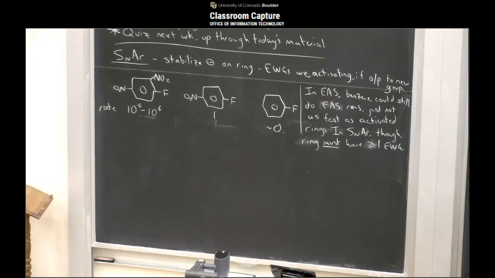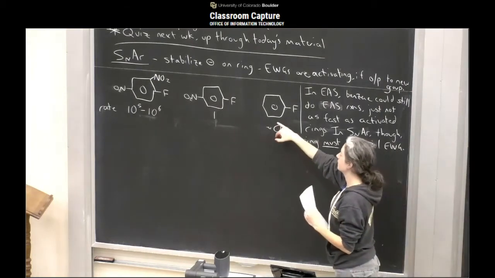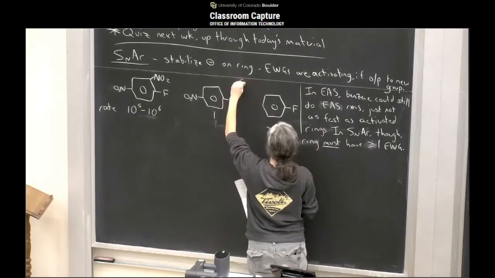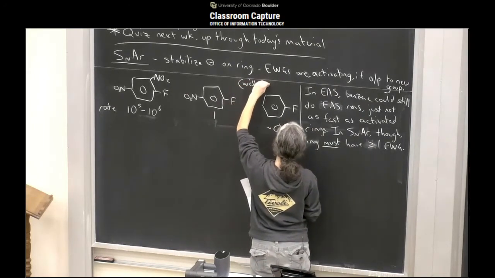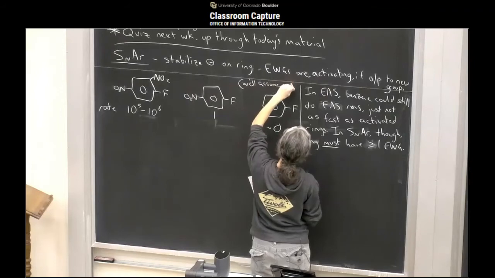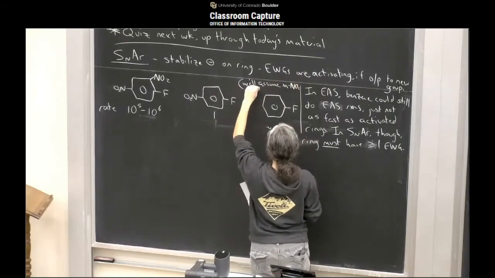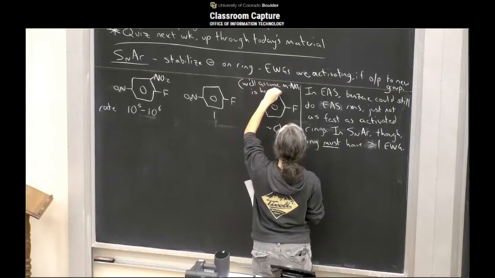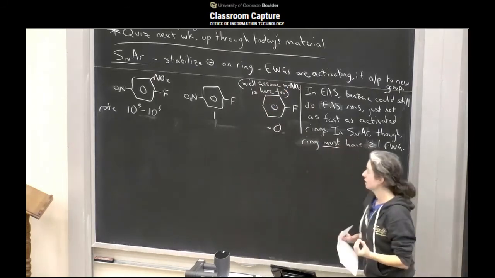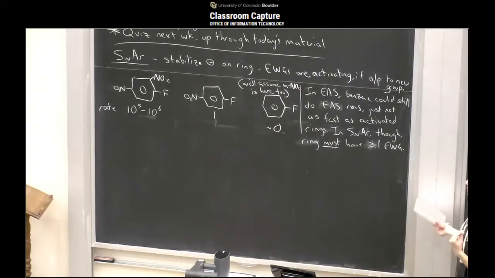I don't know if a meta-positioned electron withdrawing group is going to work. For the purposes of our exam, let's assume that's so slow that it would also be no reaction. Let me write that up here. So we'll assume meta-nitro is going to be about the same as benzene, because if you go through the resonance forms, there's no way you can push the negative charge out onto a meta-nitro group, so it's not really helping you at all.